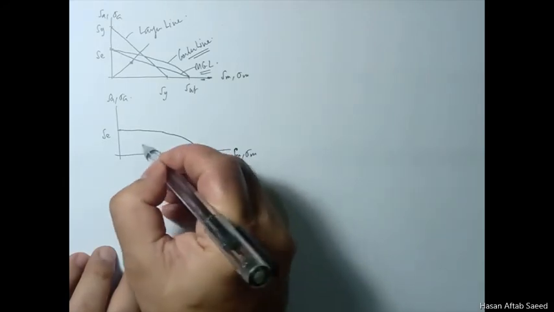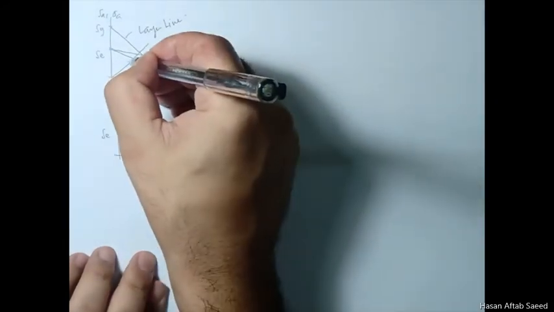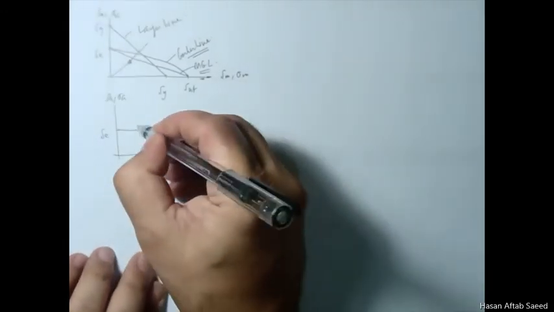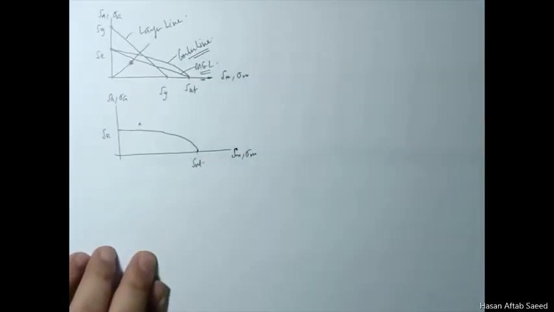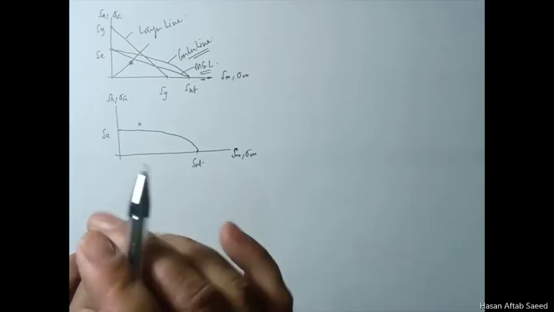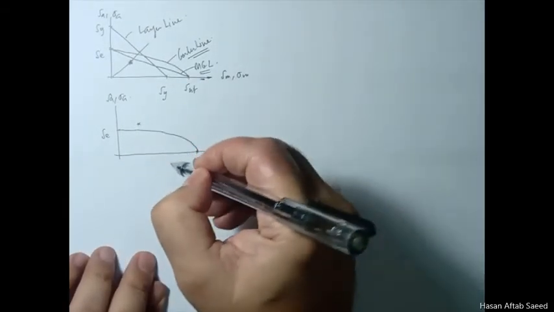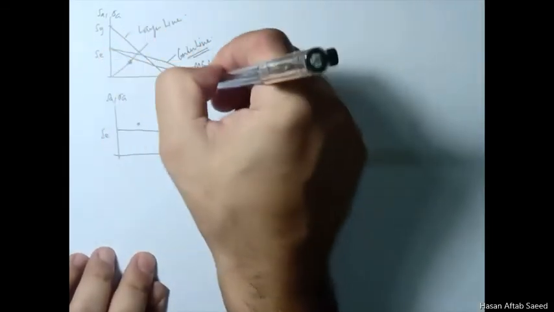If your point had plotted inside, like we have found that it plots inside, then there's no problem, it's infinite life. What if the point had plotted here? No infinite life. So in that case, again, we need to find out how many cycles it lasts. There's no number of cycles on this graph.